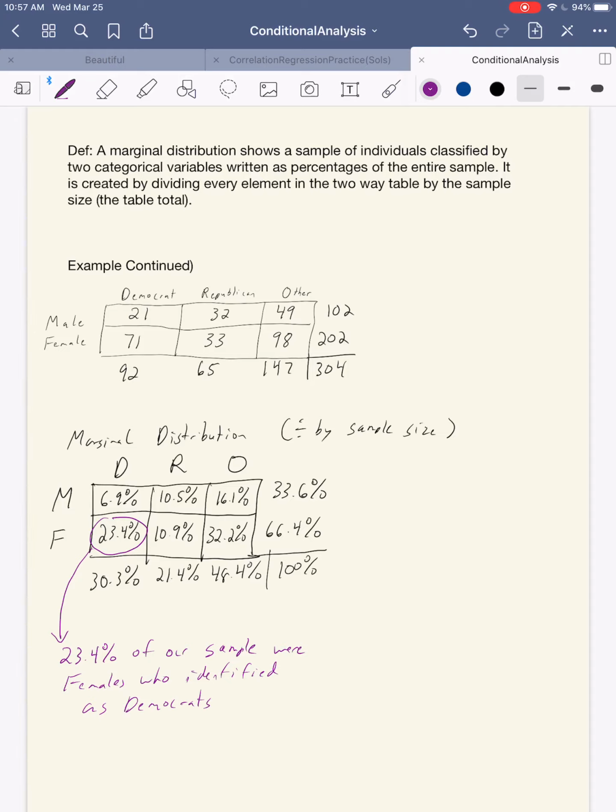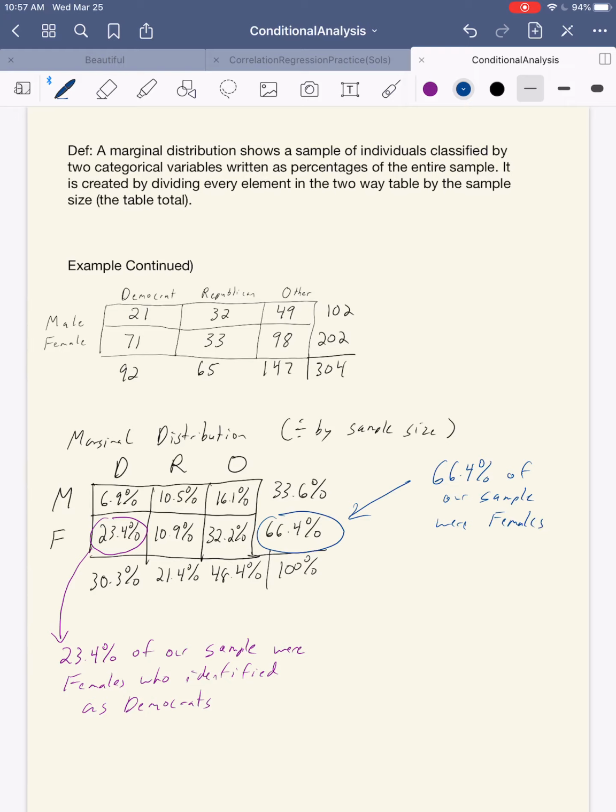In other words, close to a quarter of our entire sample were females who said that they were Democrats. If we pull out another value here, like this 66.4, this would tell us that 66.4% of our sample were females.